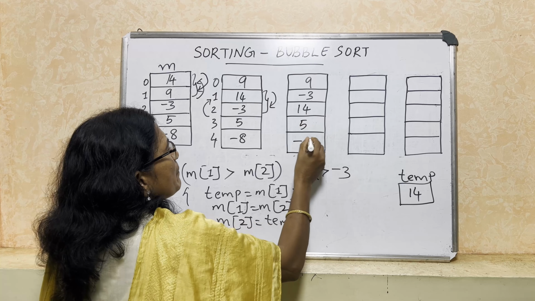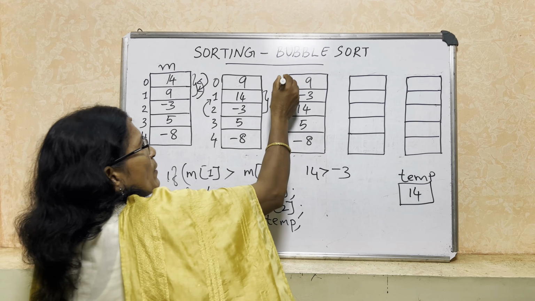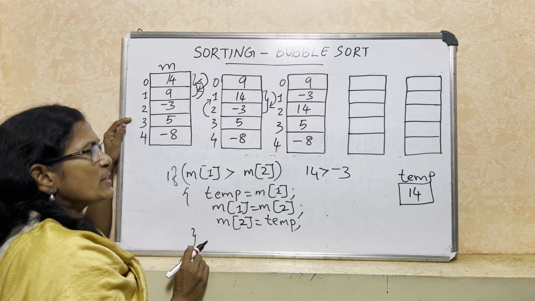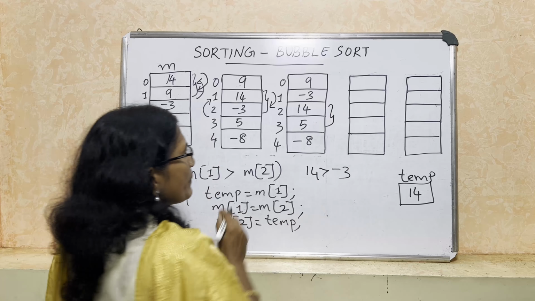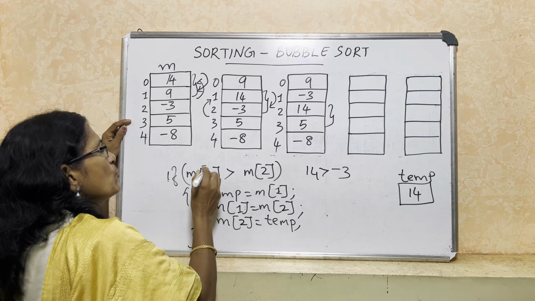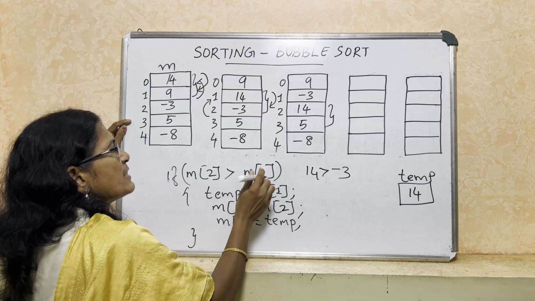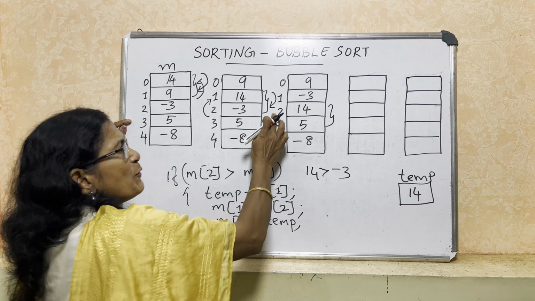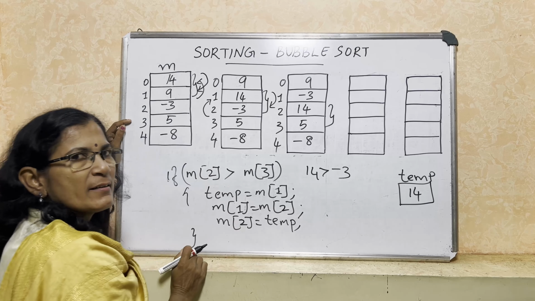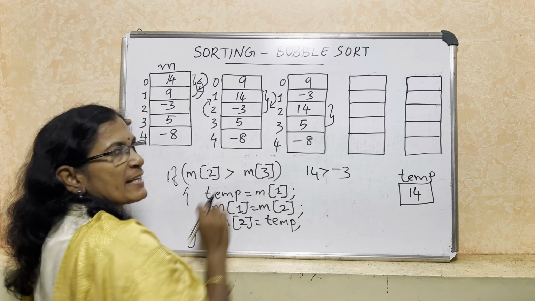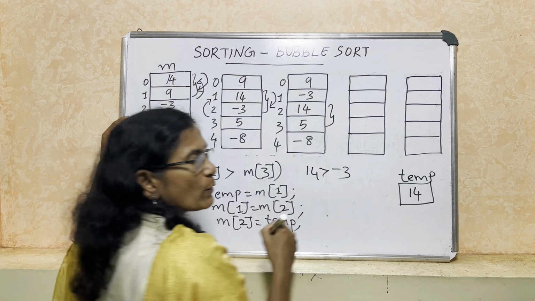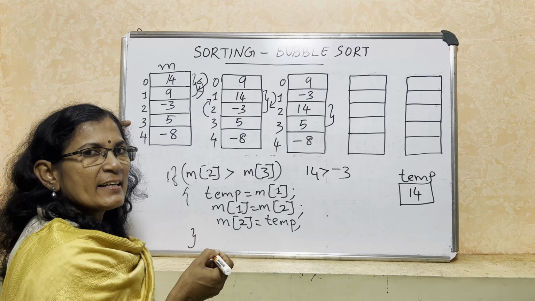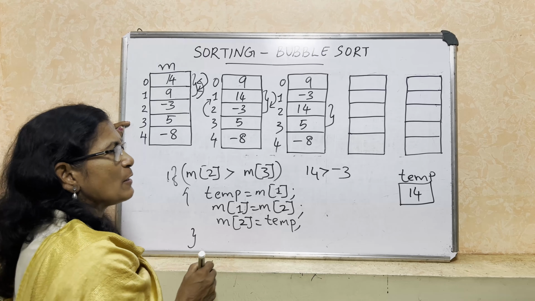5 and minus 8. Next, we have to take the values at index number 2 and 3 and compare. Value at index number 2 is greater than the value at index number 3. M of 2 greater than M of 3. Yes, M of 2 is greater than M of 3. So we have to interchange the values as we are going to arrange the array in the ascending order of their values.